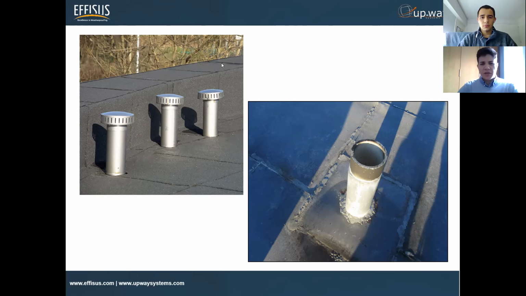With ventilation and air conditioning, the roof will almost always be penetrated. It's important to mention that the common solutions for a flat roof with a bituminous or asphalt membrane are completely different in the way they seal these types of penetrations.